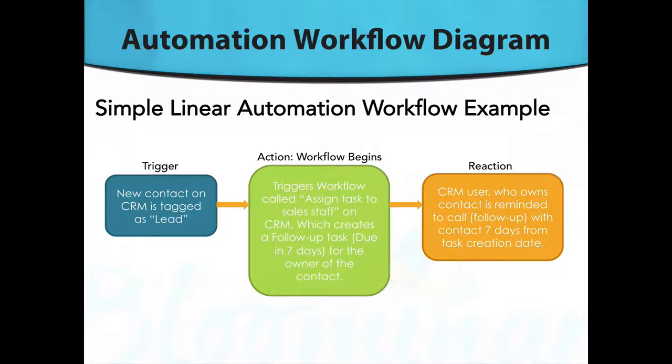This is actually something we use on our CRM, on Agile CRM. I created a workflow so that every time some contact is tagged with the word lead, I automatically have my system, in this case specifically using Zapier, create a task for me to follow up with that contact 7 days from the trigger date, which is great because all I have to do and save time is simply tag a contact with the word lead, and then I know that automatically there will be a task created for me to follow up with that person in 7 days.